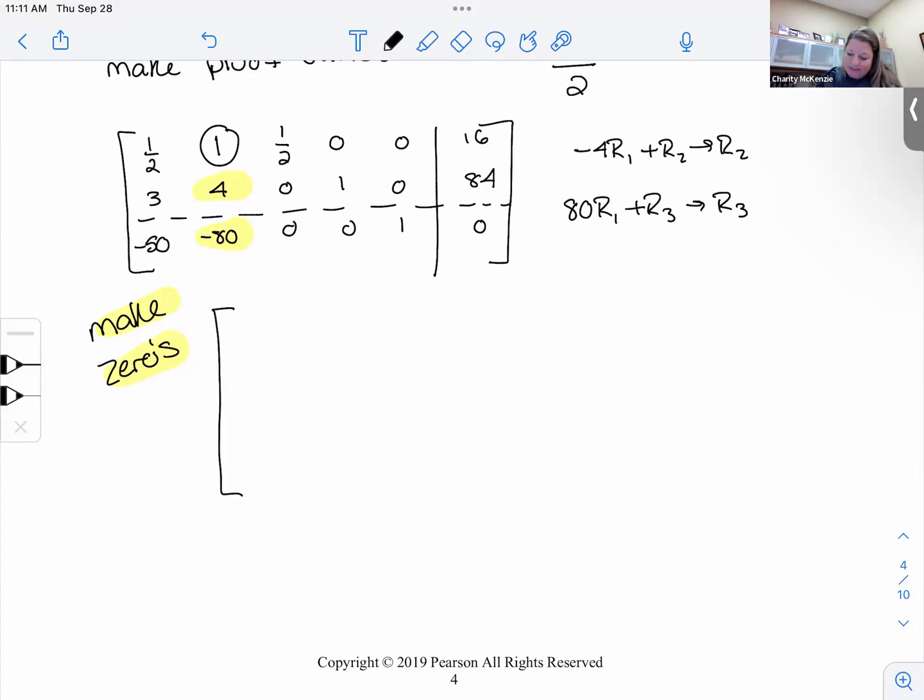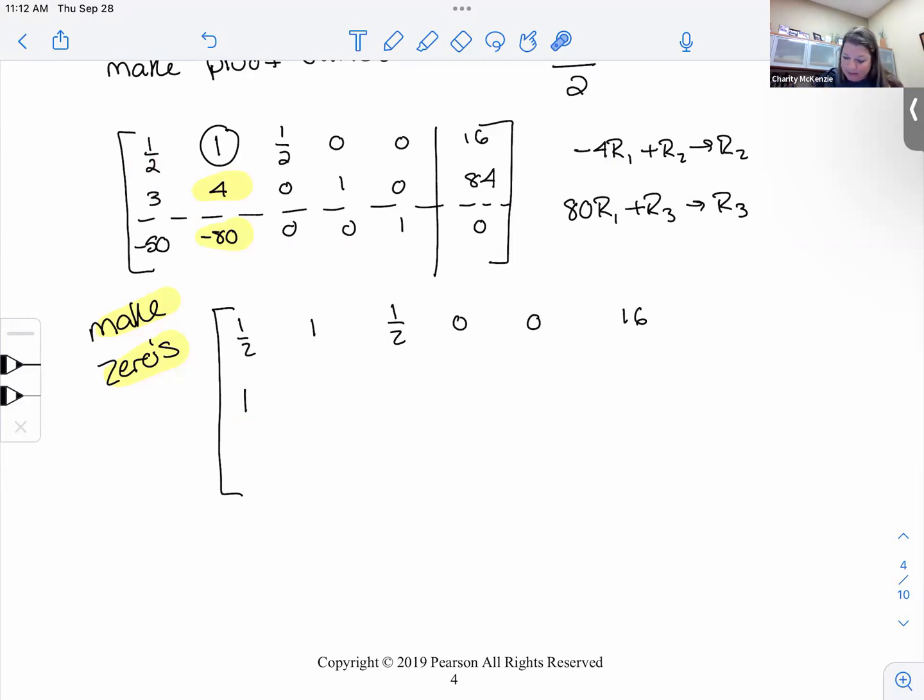So then we're just going to do this. Row 1 is going to stay 1/2, 1, 1/2, 0, 0, 16. The next one is going to become a 1 because -4 times row 1 is -2, and the 3 makes a +1.